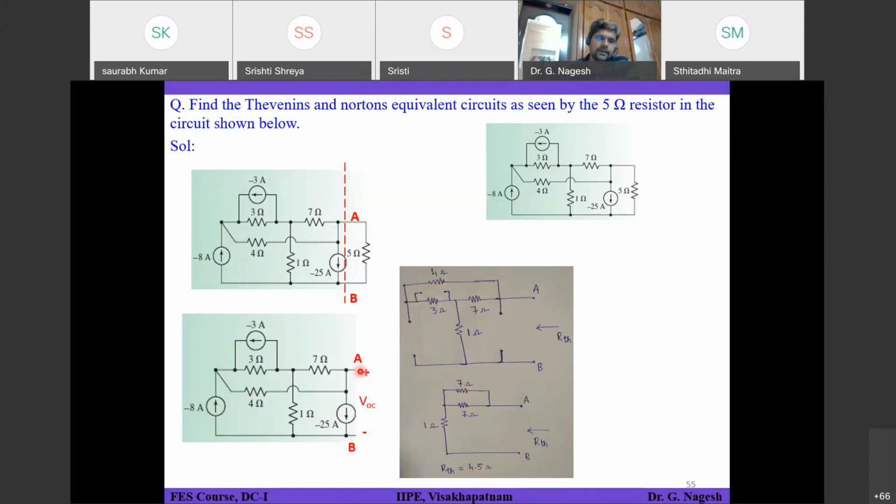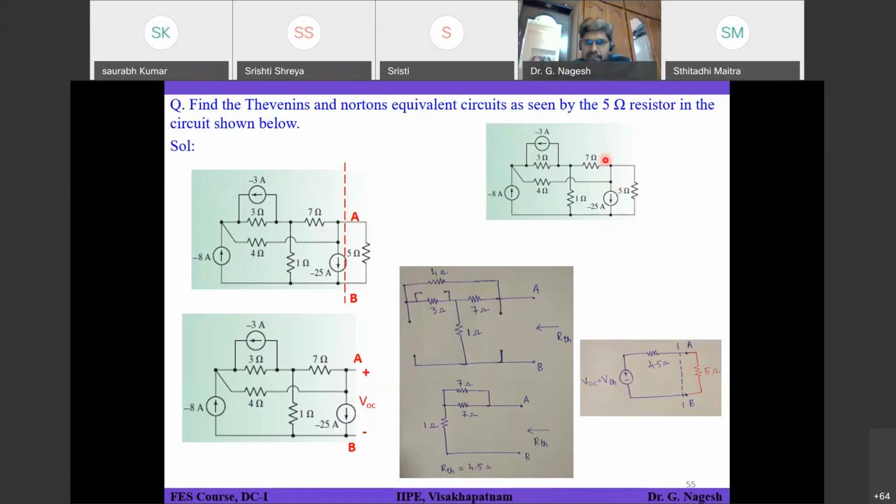You have to find out VTH. Once you find VTH, this RTH should be connected in series to get the Thevenin's equivalent circuit. Then you connect the 5 ohms resistor back and find out what is the current flowing in it. You apply this method and find out the current flowing through the 5 ohms resistor.